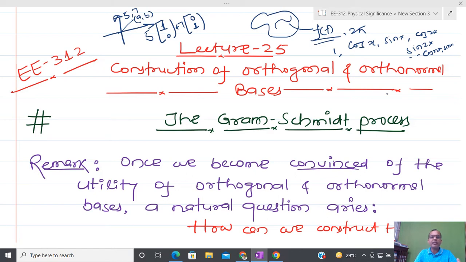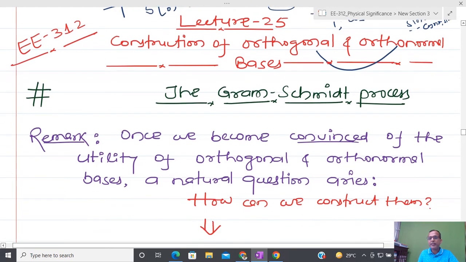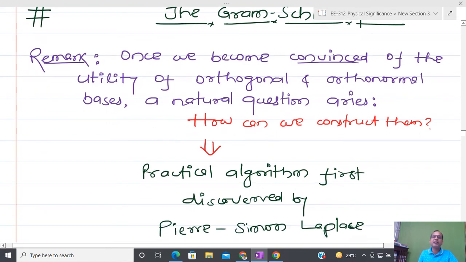We have already seen that whenever I have an inner product, there exists a norm, so we divide by that, and the orthogonal basis is converted into an orthonormal basis.